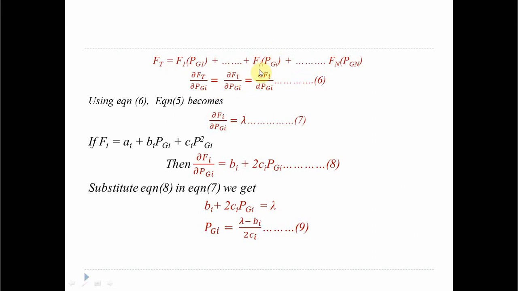This fi is completely a function of Pgi. You don't have any other variable present in this. So it is only the Pgi variable that is present in the function fi. So I can write dou fi by dou Pgi is equal to dfi by dPgi. So you get equation 6, where dou Ft by dou Pgi is equal to dfi by dPgi.